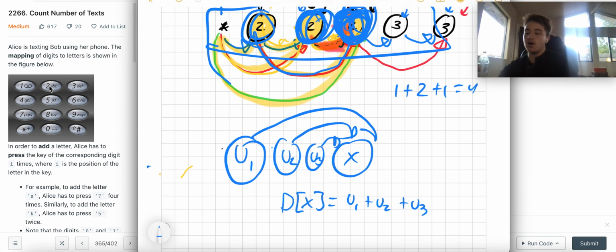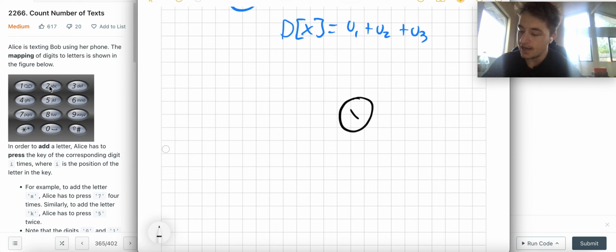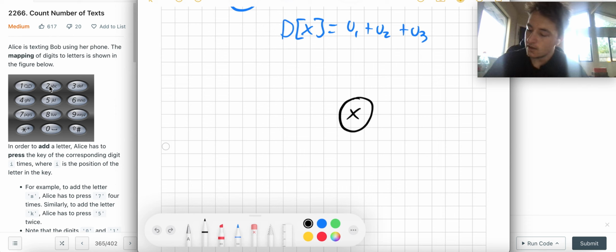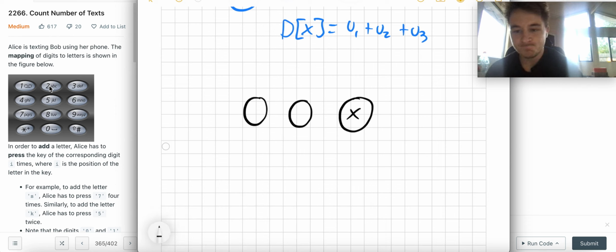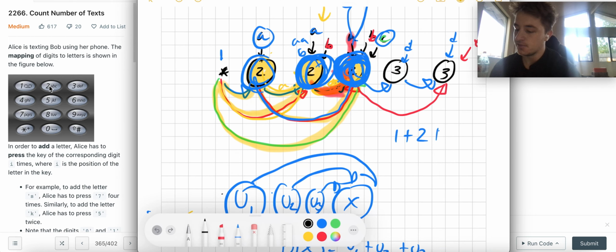So how do I know the links going into a node X, right? If there are all these previous links, how do I know if there's an edge? Notice in this problem, the way that we had it, let's go back and clean this up just a little bit.